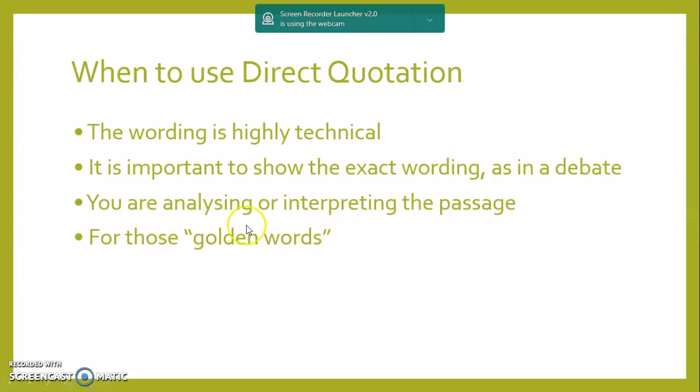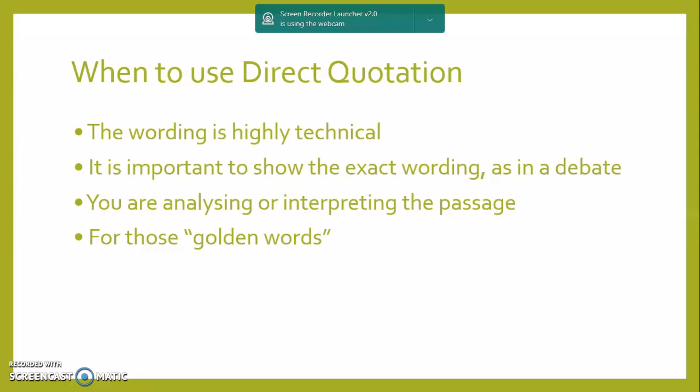And when you're analyzing or interpreting a passage, for example, you would like to interpret an excerpt, you need to put in the real source. What is the source saying?